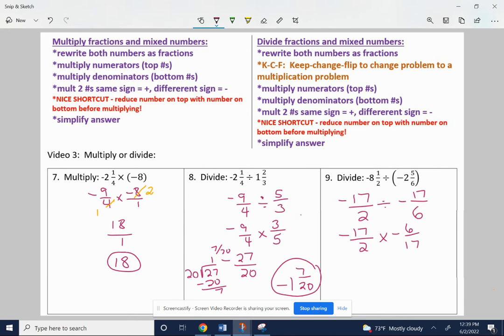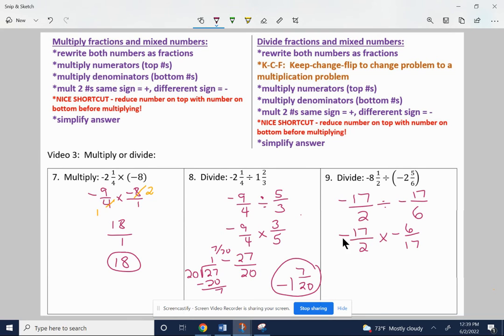We have -17 over 2 times -6 over 17. So now it's a multiply problem. Boy, those are big numbers when I multiplied them together. So I'm going to try to do some cross-reducing because I can on this problem. Now when I cross-reduce, I'm going to kind of ignore my negative symbols, kind of leave them alone.